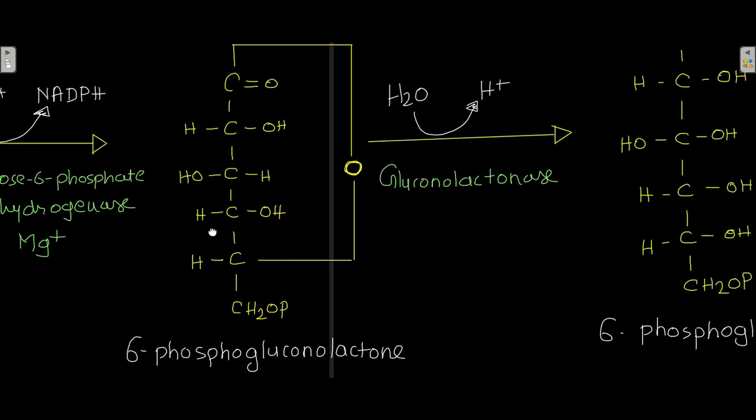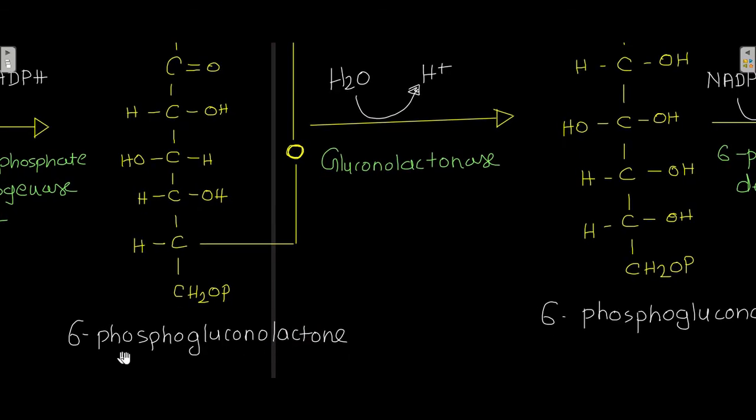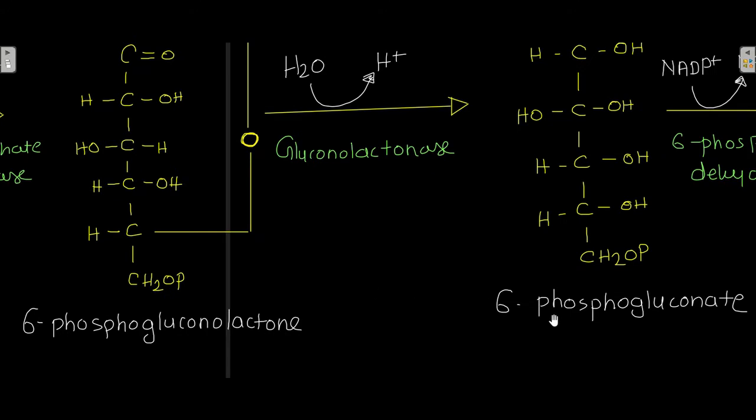Then 6-phosphogluconolactone is converted into 6-phosphogluconate, consuming one H2O molecule, catalyzed by gluconolactonase.